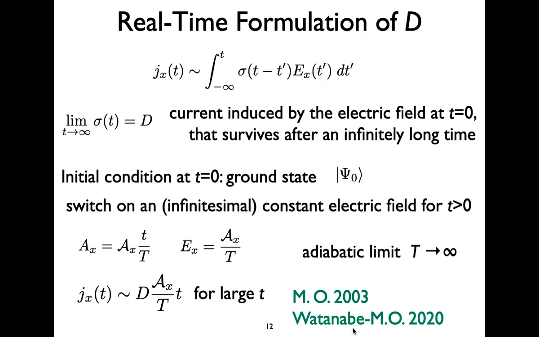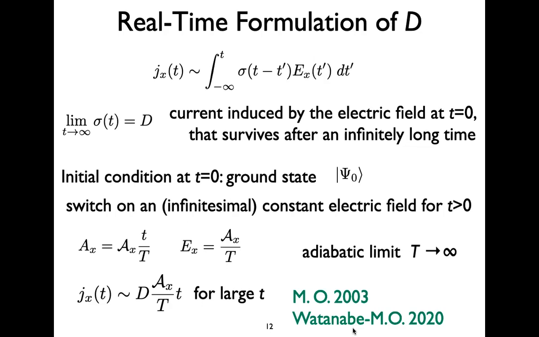But alternatively, we can think of Drude weights in terms of real time. So we can formulate a linear response theory in real time. That is, the current at time t is induced as a response to the applied electric field.